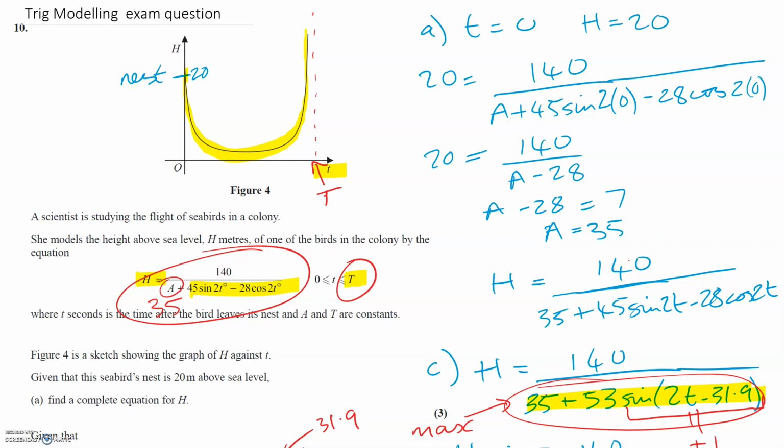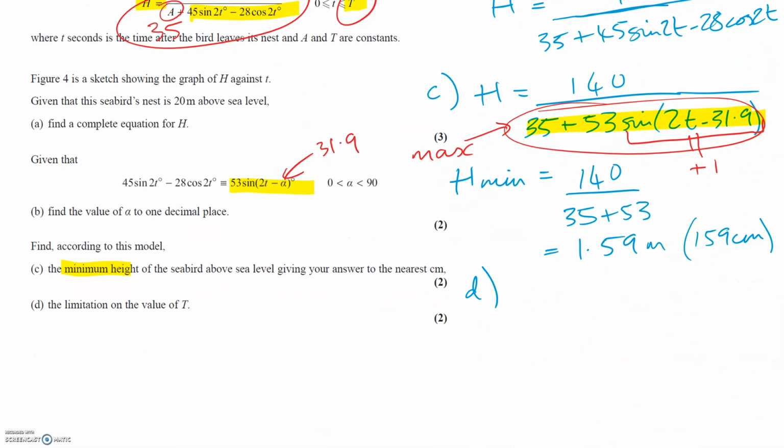So let's solve that then. So we want to solve 35 plus 53 sine (2t minus 31.9).